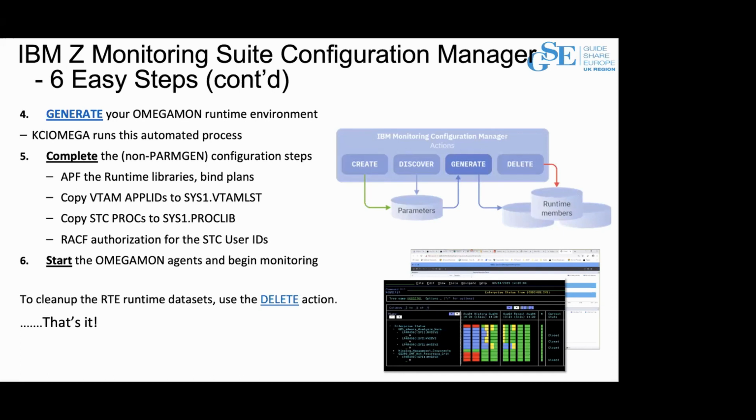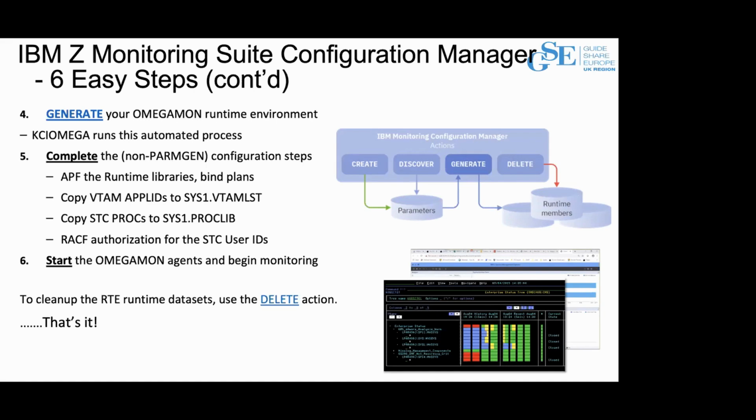So these are 3 additional data sets we provide. You still need to do your RACF authorization with started task user IDs, and those example RACF commands are available as well. Then after you've done all that, you can start the agents and start monitoring. You can run the cleanup again, as I mentioned here, using a delete option action even, and that's it.